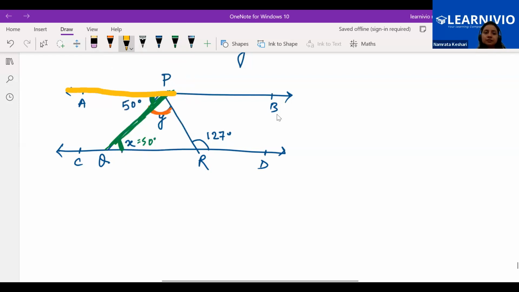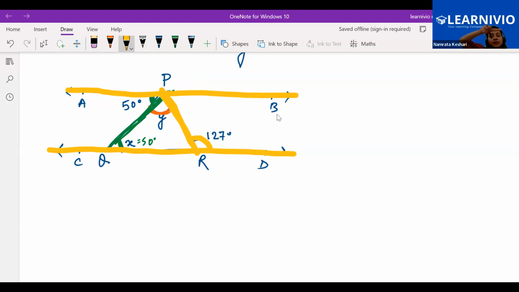This and this. This is a transversal. When you are saying this complete angle is 127, see, I am taking the angle touching one of the parallel lines, and there also I will try doing so, then only I can say that angle is 127. But there again Y is not touching.